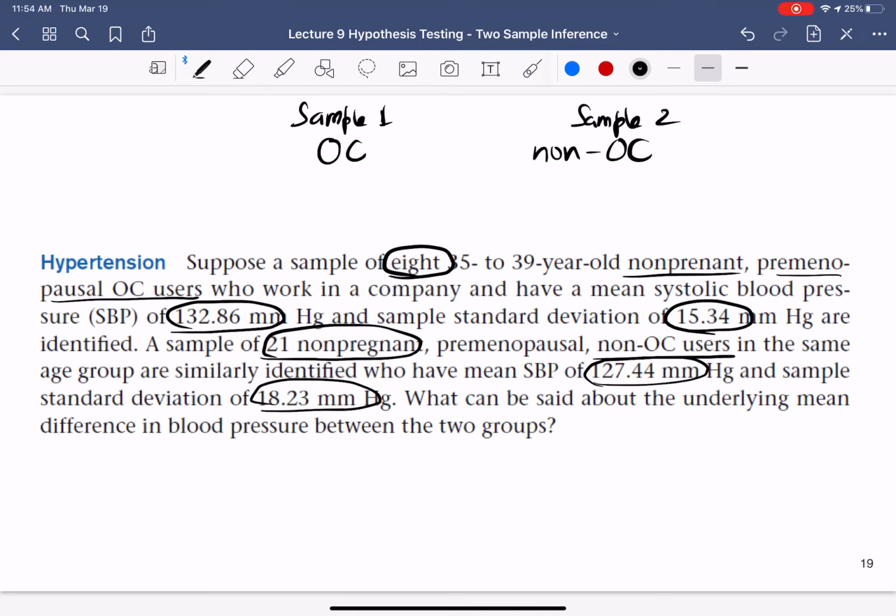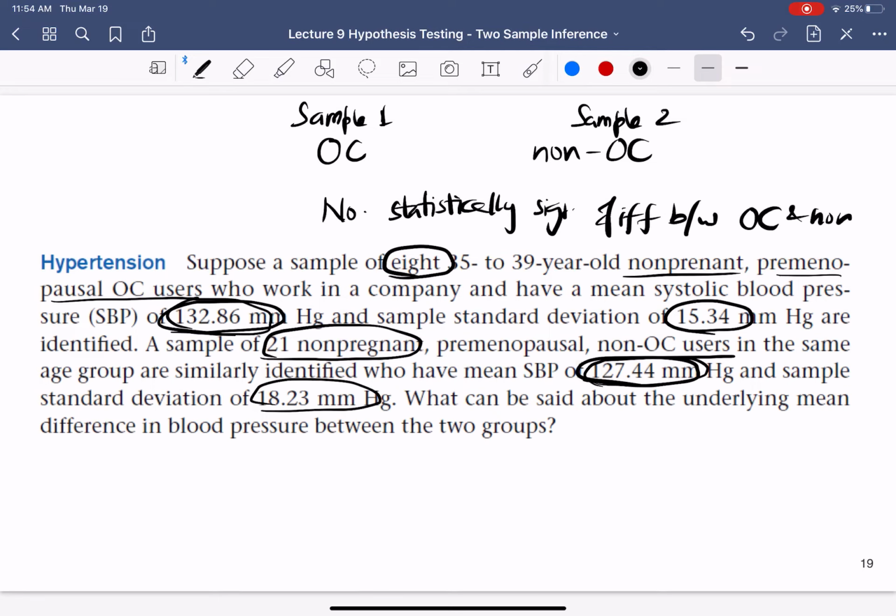So even though the data looks as if the blood pressure is a little higher, the test determined that there is no statistically significant difference between OC and non-users. So there is no statistical significant difference in the systolic blood pressure between OC and non-OC users.